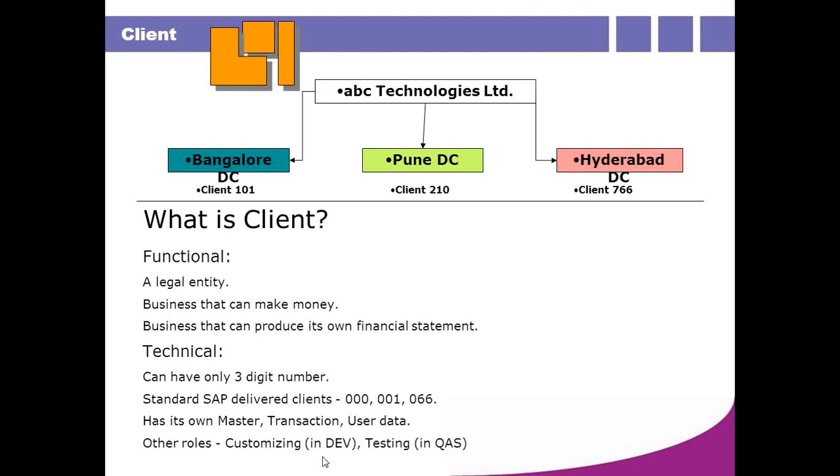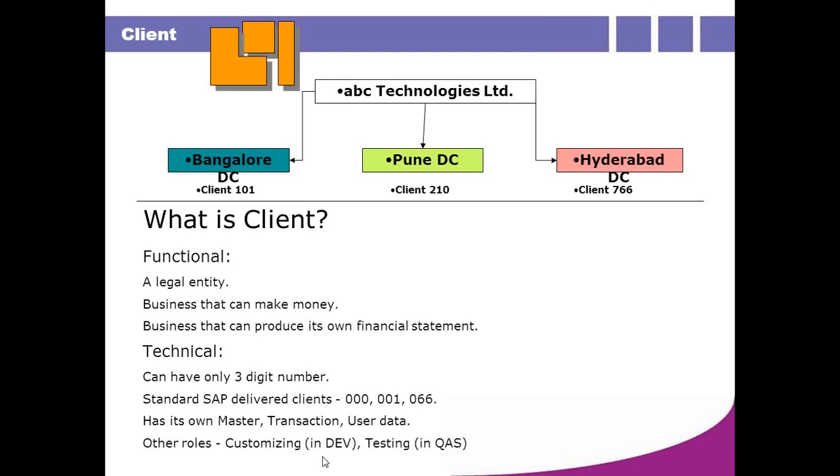And 001 is the copy of 000. Since 000 you don't want to modify, SAP is giving the copy of 000 in terms of 001, the native version.